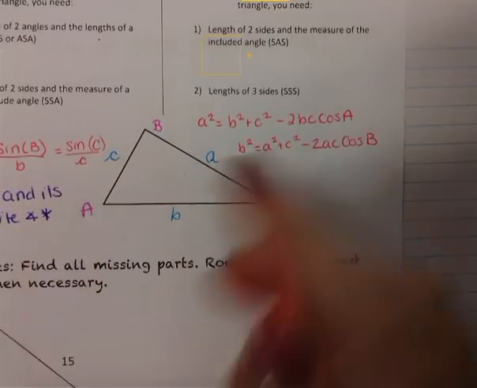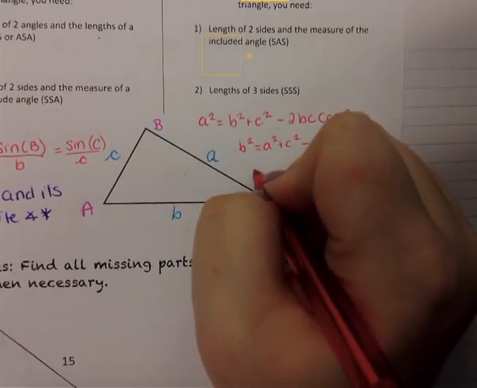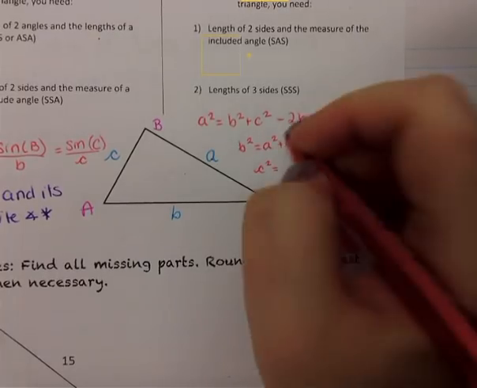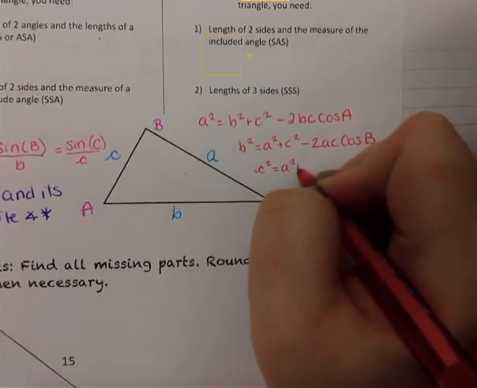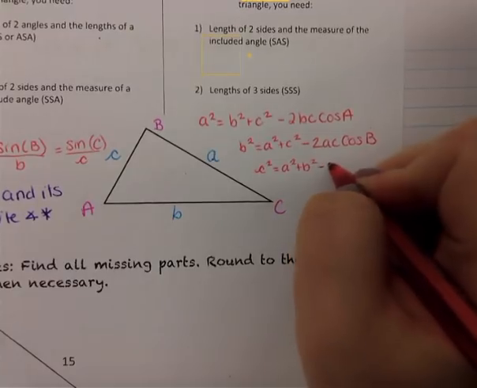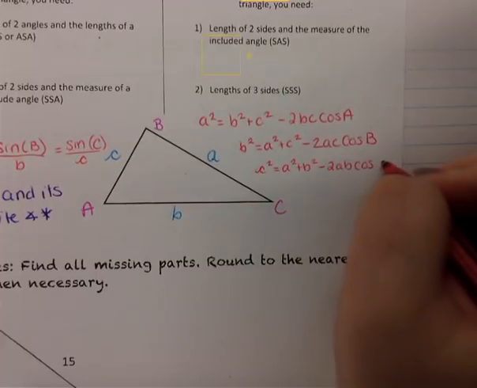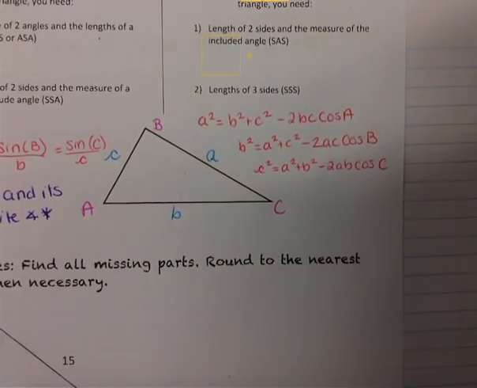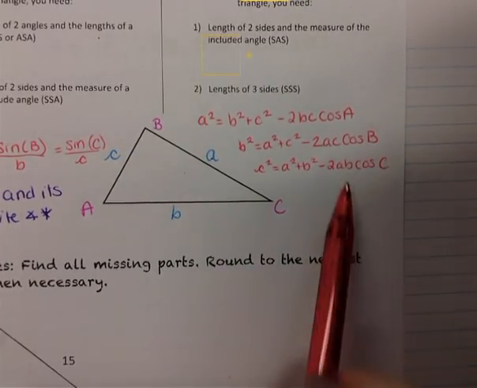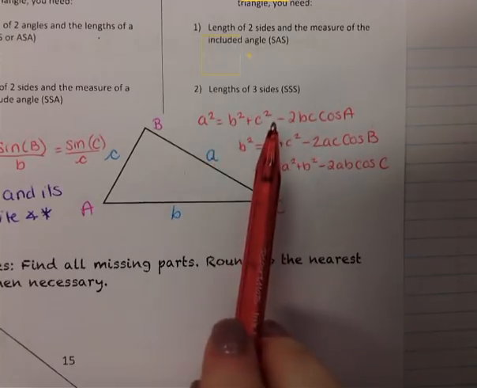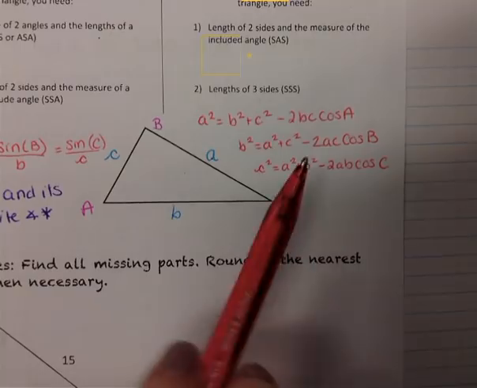So if I wanted to find little c, I'd have little c squared is equal to, I'm missing a and b, so I would have a squared plus b squared minus 2ab times the cosine of big C. These equations are all based off of the same setup. You just change it around depending on what it is that you're trying to find.